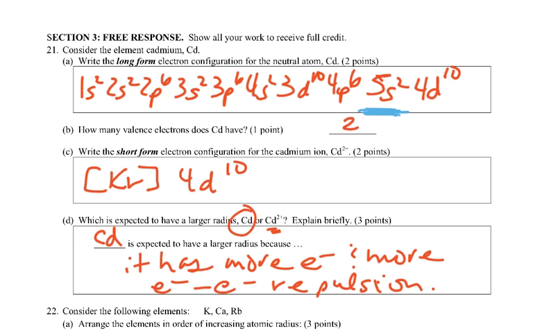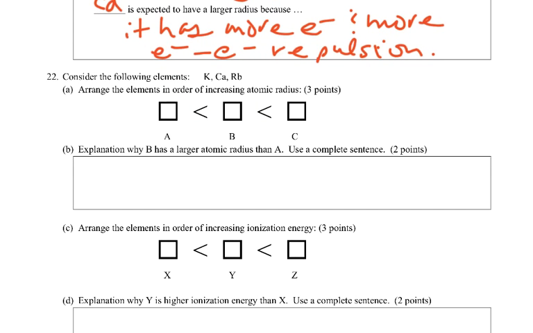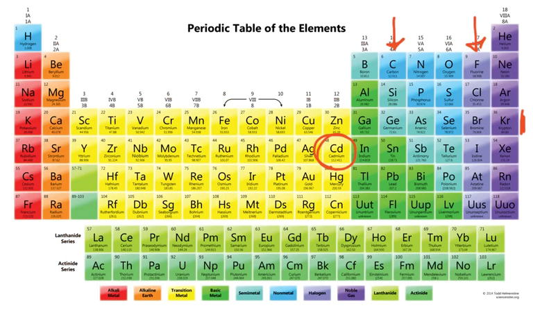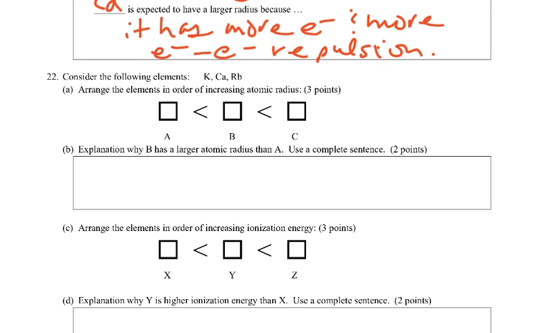So we say the neutral is larger. Consider these 3 elements, K, Ca, and Rb. We've got to look at where they are in the periodic table. Here's K, there's Ca, and there's Rb. So I'm going to write that down here for us, K, Rb, Ca.